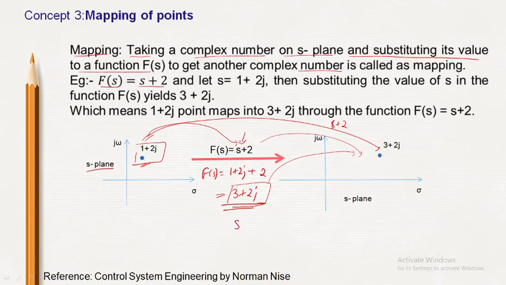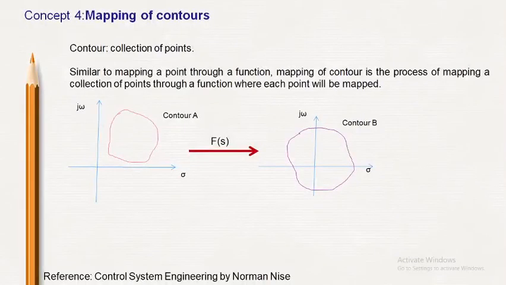Had there been any other function like S plus 3 or something different, you would substitute that point in that function, and whatever other complex point you get, you will say that the point maps into another point through that function. This is known as mapping. That was mapping of a point.